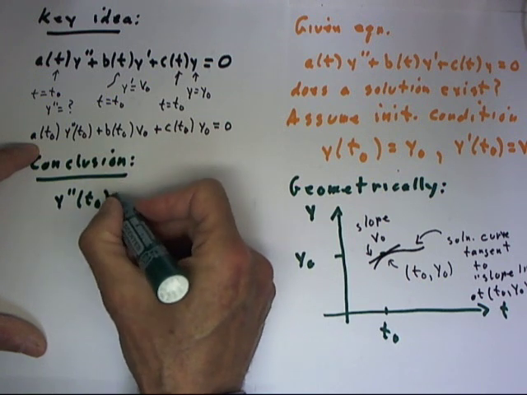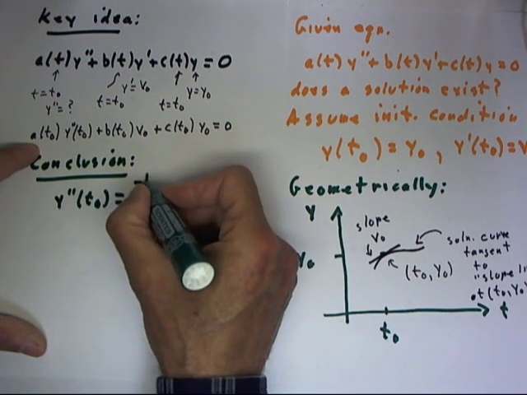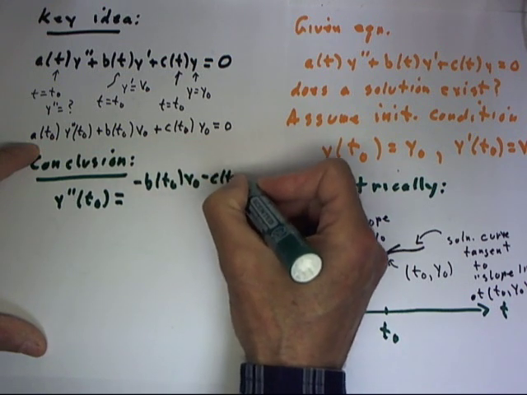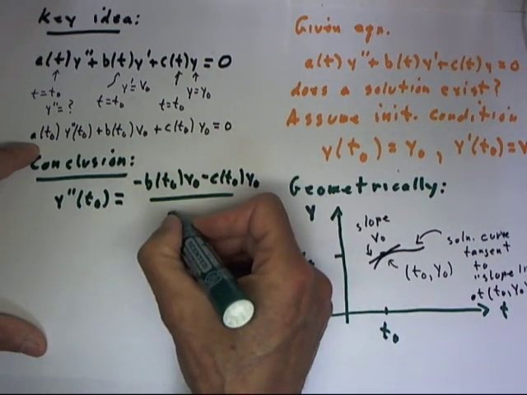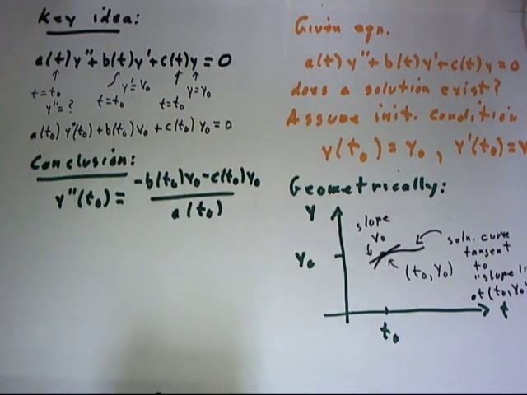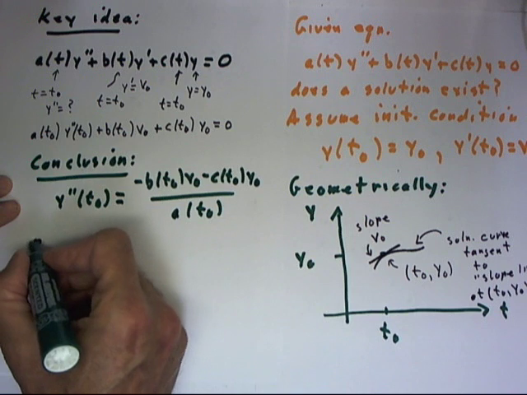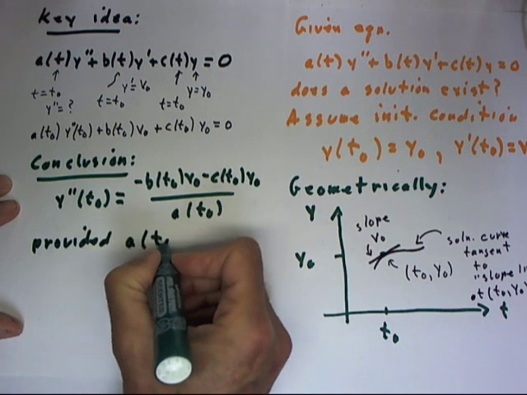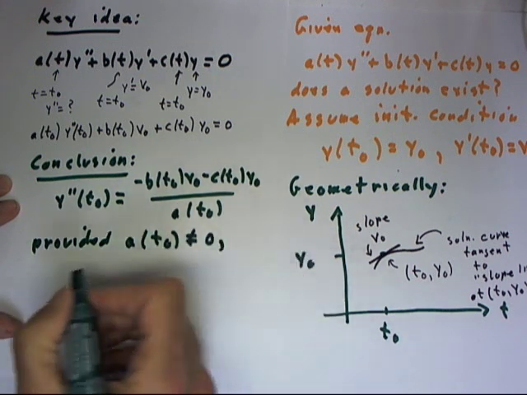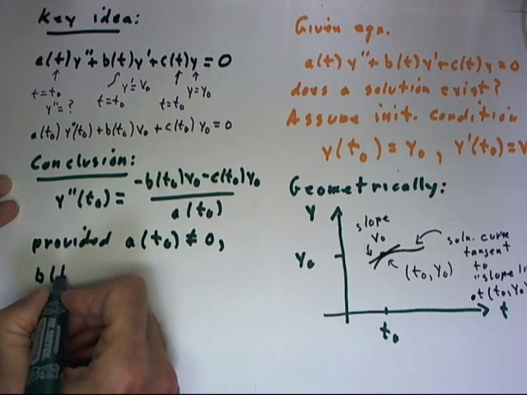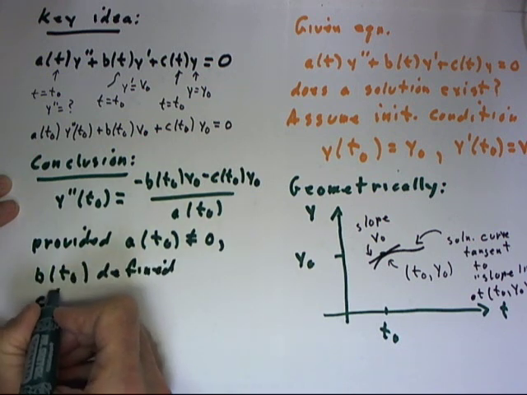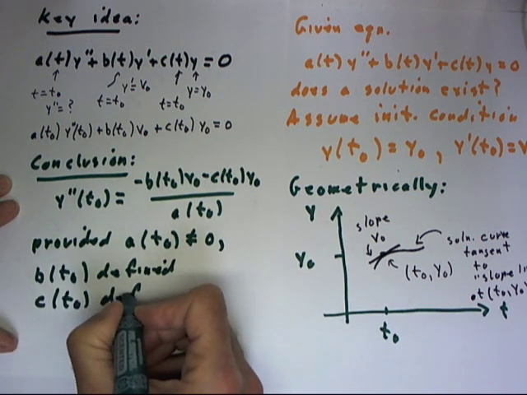Y double prime of t naught equals, well, it's going to be negative b of t naught v naught minus c of t naught y naught divided by a of t naught, provided a of t naught is not equal to 0, b of t naught is defined, and c of t naught is defined.